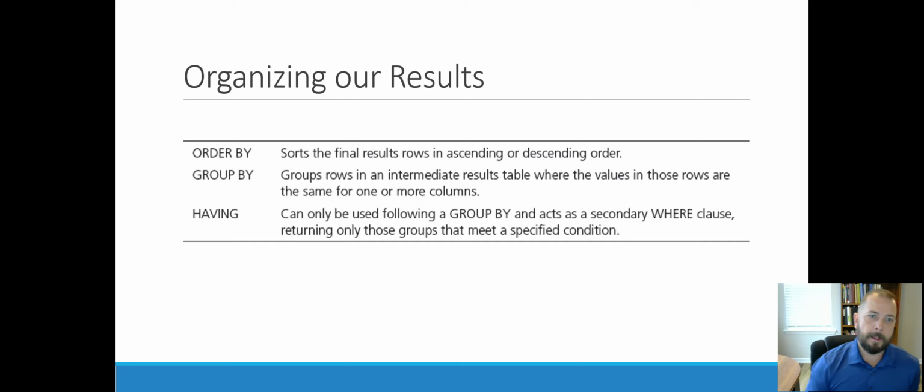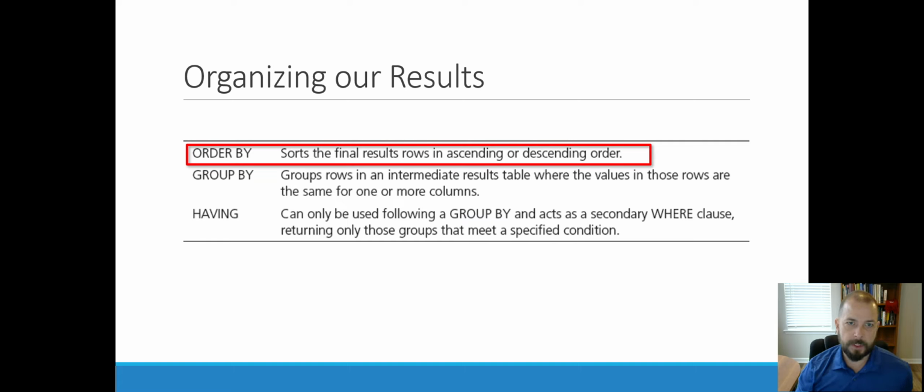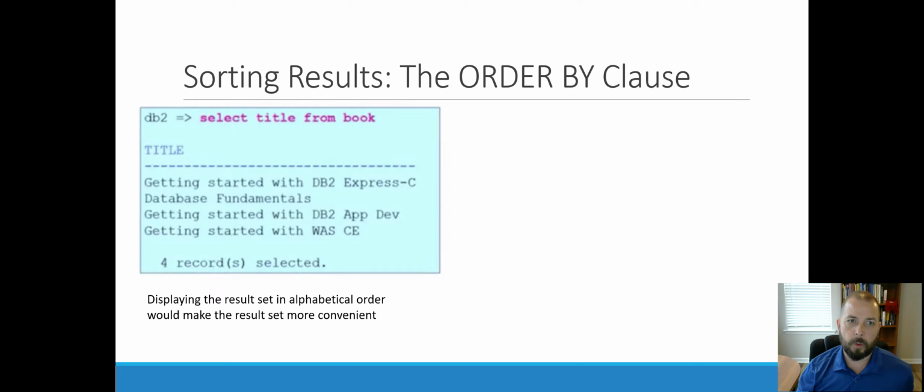So there are three different clauses that we can add after the where clause that will organize the results that we returned from our conditions in the select statement. These get tagged on at the end, and they organize how you're going to view the results. One is order by. This sorts the final results of those rows in ascending or descending order.